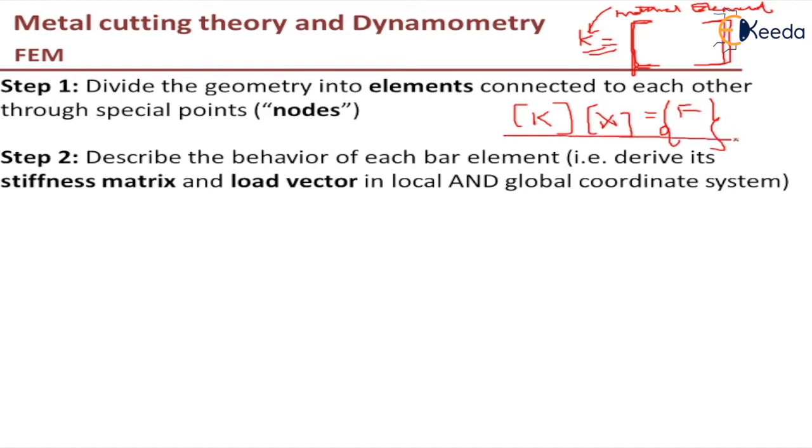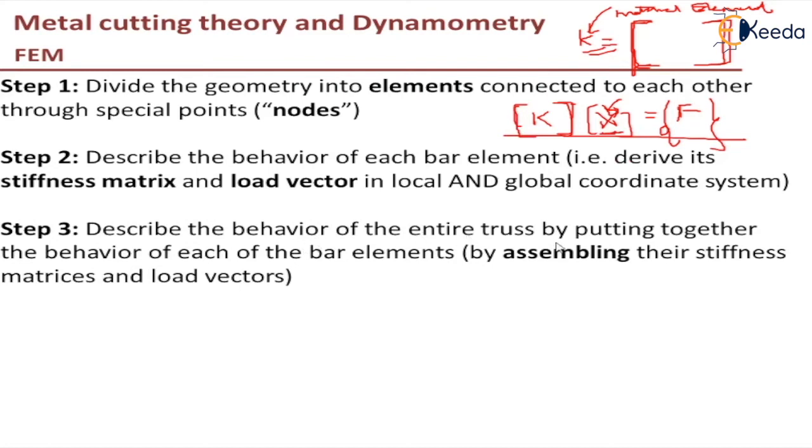We express it in this form, and then we solve for the unknown x. This unknown is the displacement, because of the force which we have applied onto the particular geometry, which is divided into a number of elements. So we are finding out the displacements.